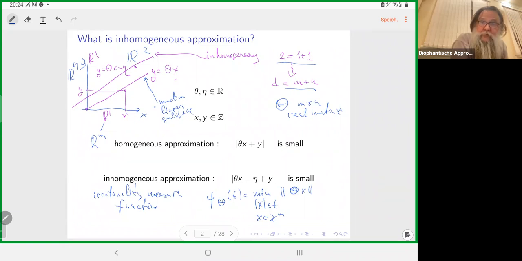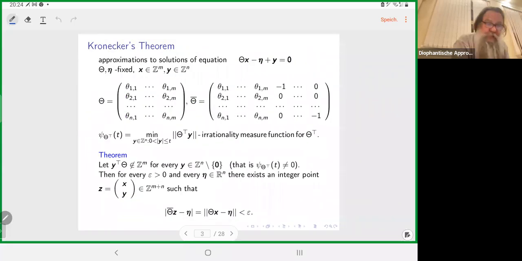Well, these are the objects which I will speak about, and homogeneous problems are important to study. Now I am turning my talk to the simplest inhomogeneous setting, and it is the approximation theorem. Oh, one moment, did I change the slide? Oh, I see.